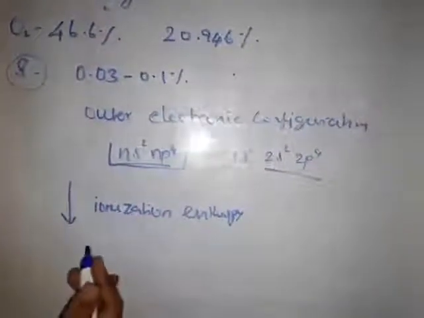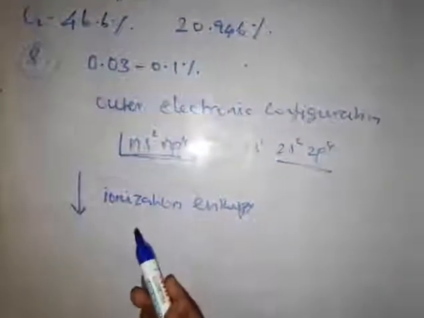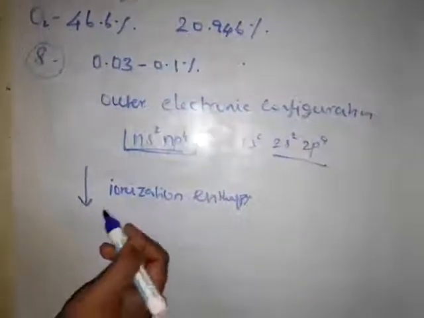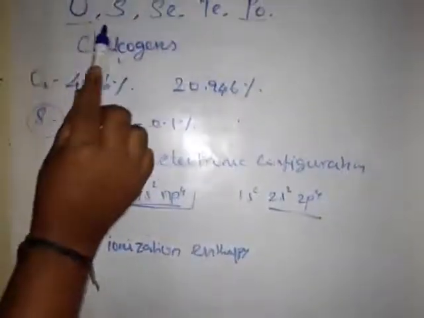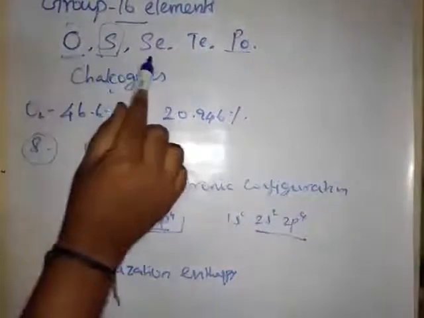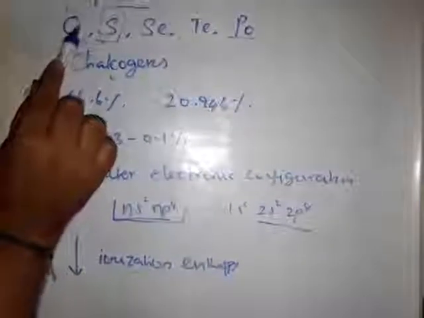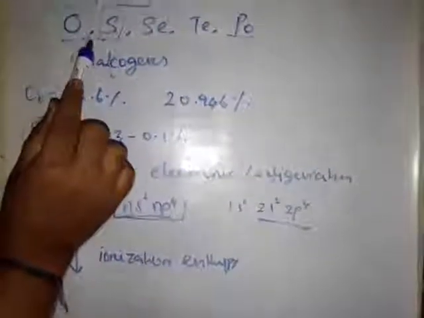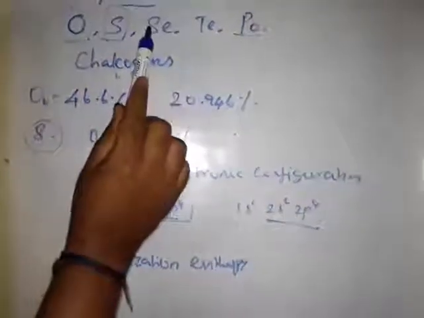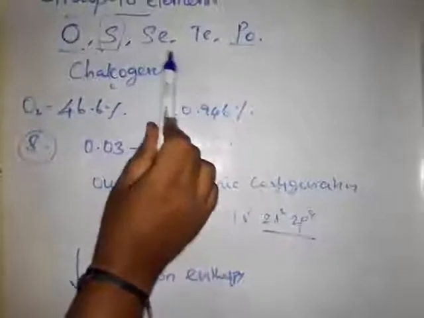Because of the compact nature of the oxygen atom, it has a less negative electron gain enthalpy than sulfur. From sulfur onwards, the value again becomes less negative up to polonium.